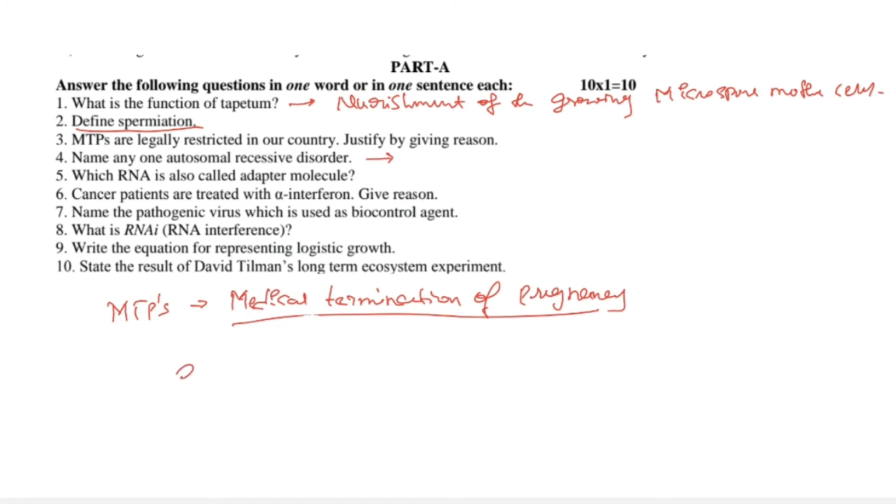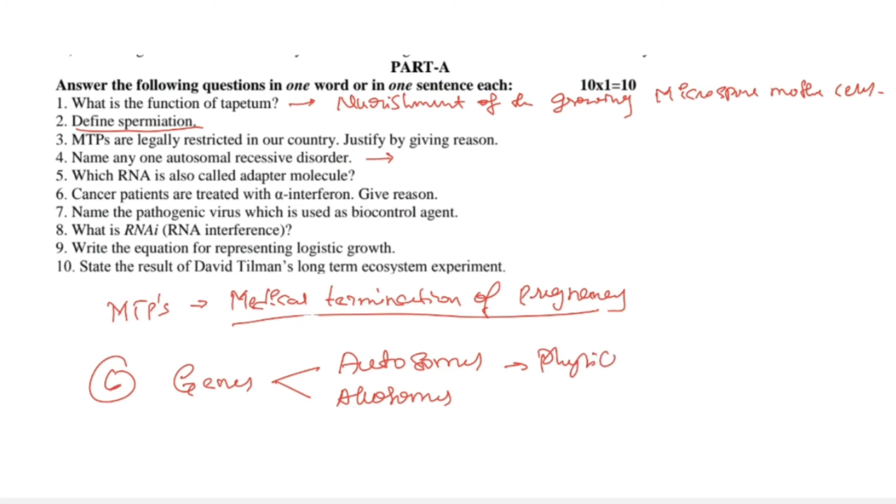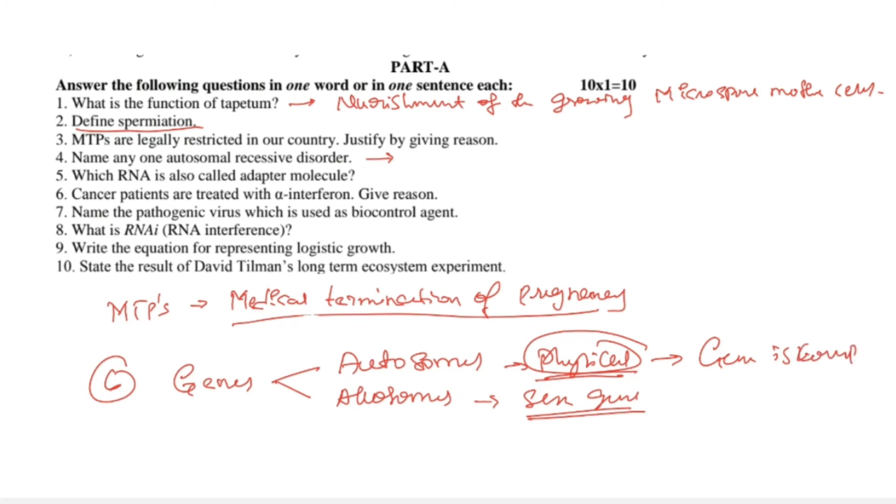Autosomes are the genes which determine physical characters, and allosomes you can call sex genes.